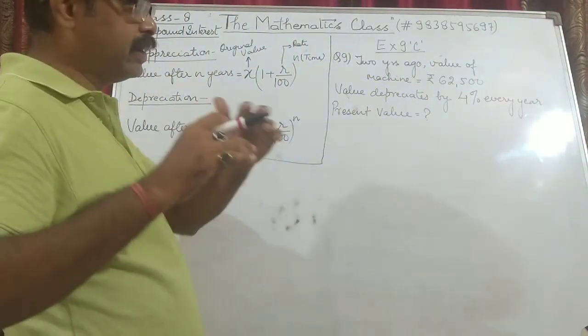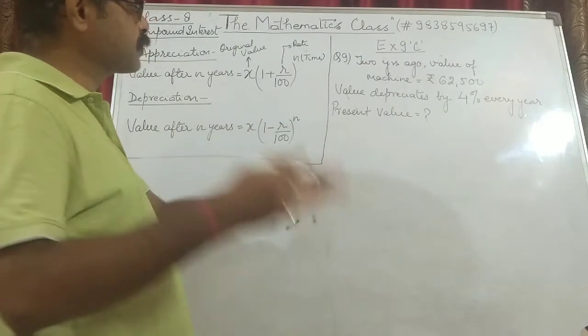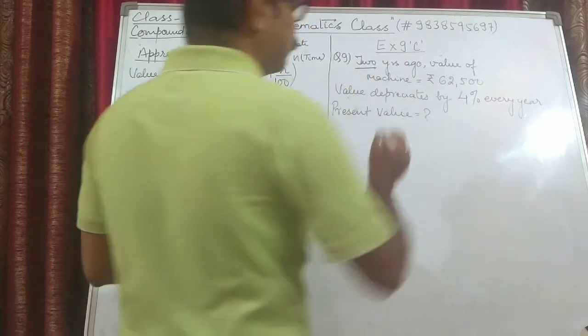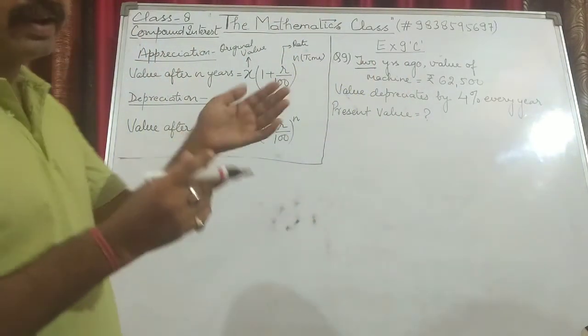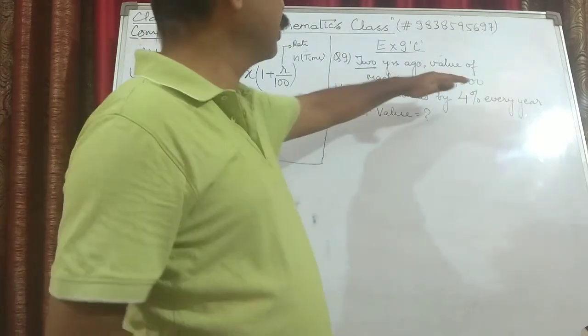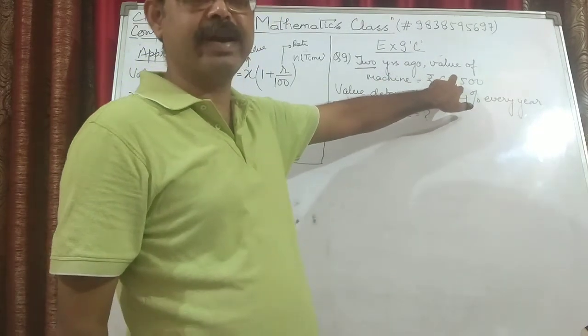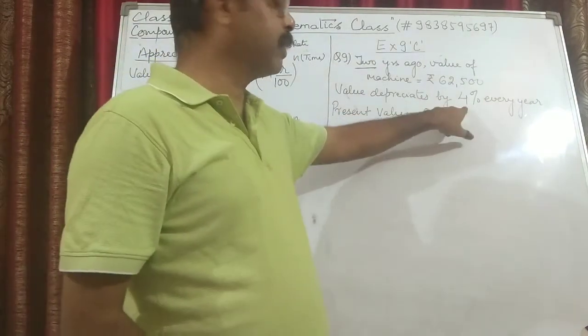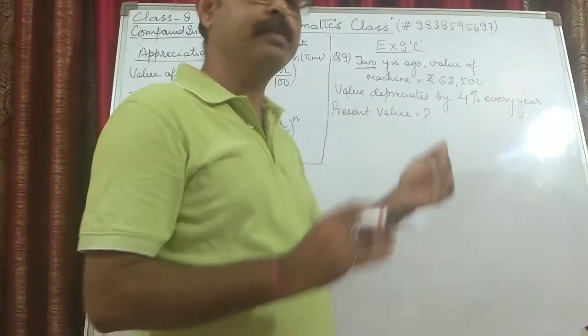So what will be its value 2 years from now? Because they said 2 years ago, meaning 2 years back. So we are taking those 2 years back as today. Suppose today the value of the machine is 62,500. What will be its value 2 years from now if it depreciates at 4% per year?